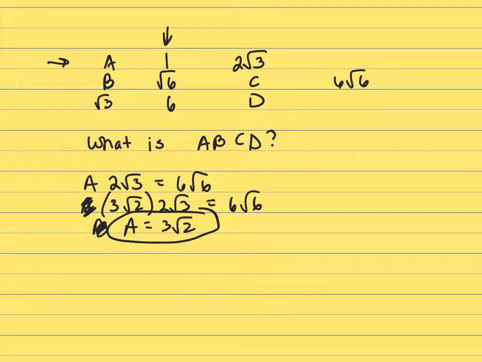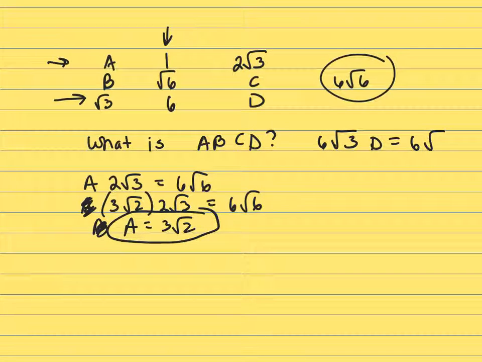All right. Let's look at this one. This is 6 square root 3 times d, which has got to give me 6 square root 6. So that means that d must equal square root 2.